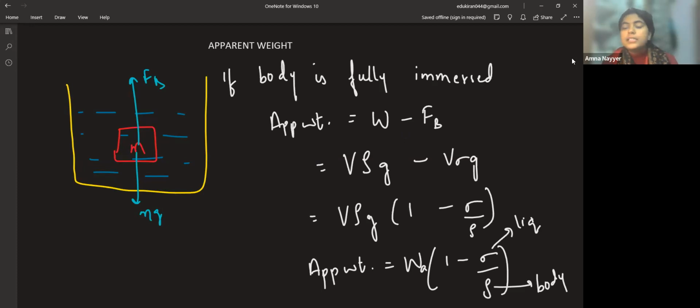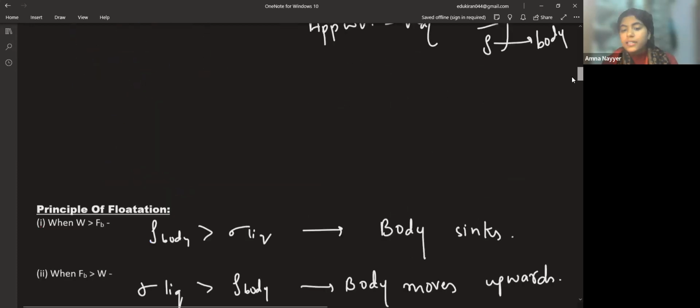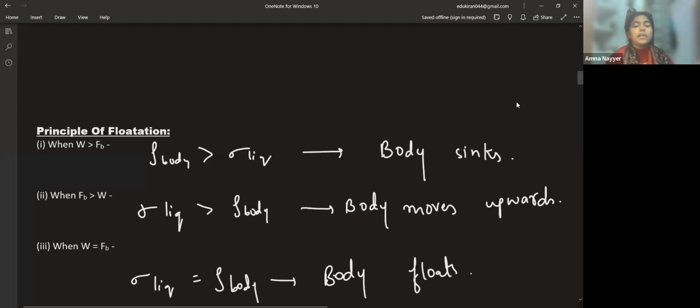Now, with the concept of apparent weight, how will you identify whether a body is sinking, floating, or what is happening to the body? There are two things: one is the liquid, the fluid, and the other is the body. Both have their own densities. When the density of the body exceeds the density of the liquid, the body will sink, because the body is heavier.